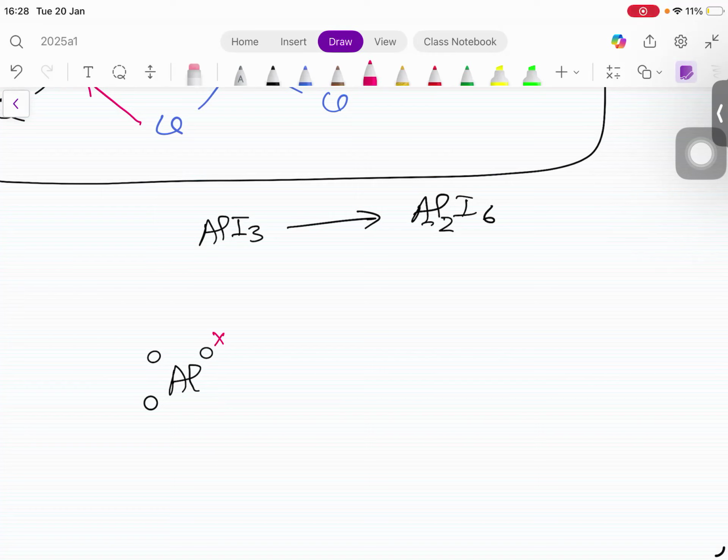Iodine shares 1 electron here, 1 here, 1 here. This is AlI3, 1 molecule. This is AlI3, another molecule. First, you draw both AlI3 separately. Okay?